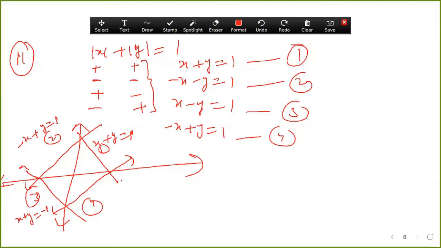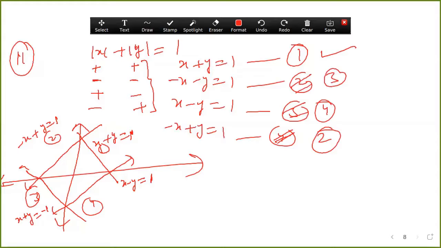And this one will be x minus y is equal to 1. So I have to make the names accordingly. First is x plus y is equal to 1. Second will be minus x plus y, named as 2 here in the graph. And third one is this one, and fourth one is this one. I have plotted the graph here, and the names according to the graph I have put here.